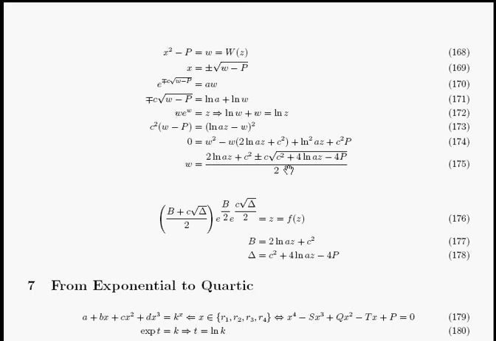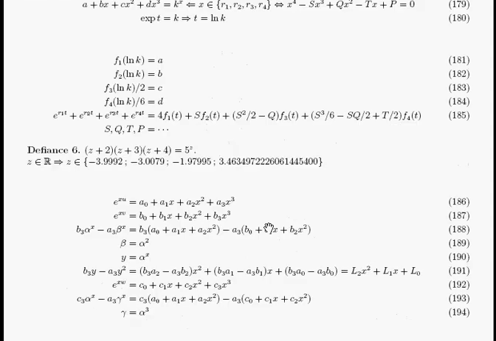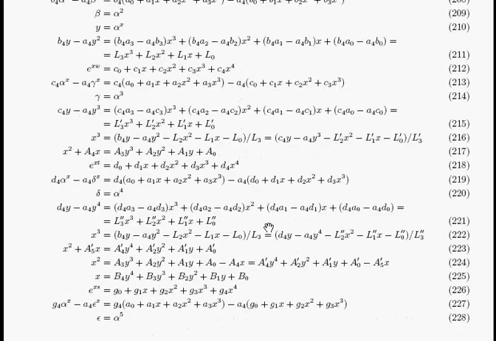W is a function. Minus b plus or minus the square root of delta over 2, 1. So all we know is that there is an equation 2 worse. We have w exponential of w equals to z is a function of z. Function of z exponential of function of z equals to z. So let's go to something better.